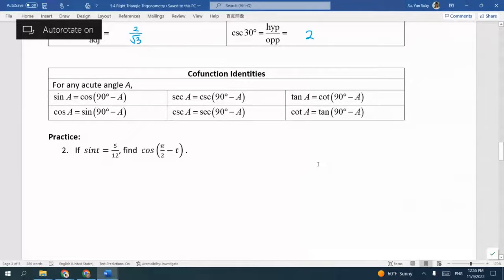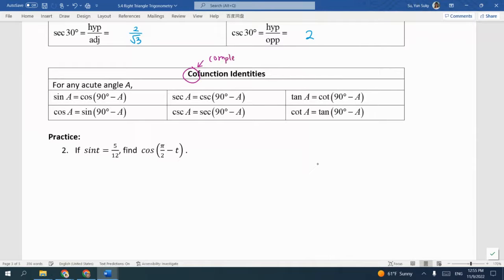Cofunction identities. When we have complementary angles, the "co" in cofunction actually comes from complementary angles.